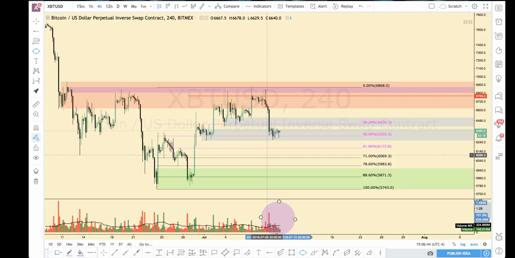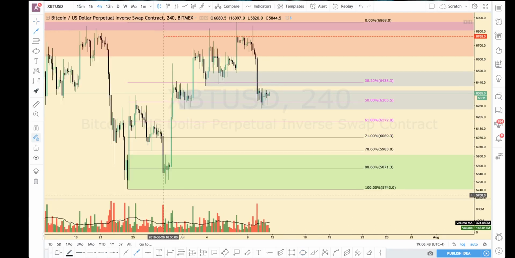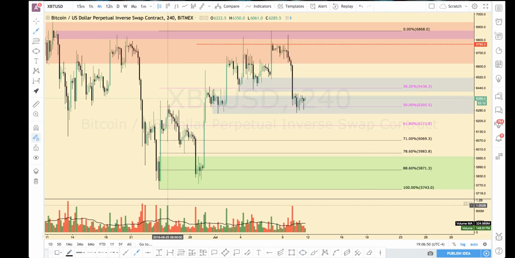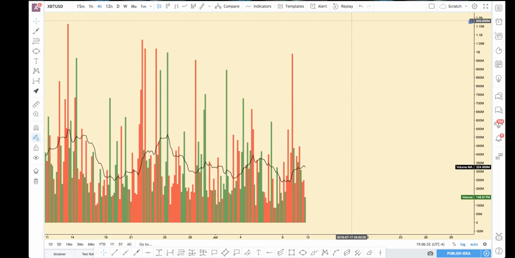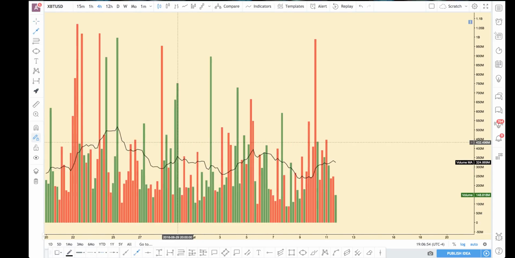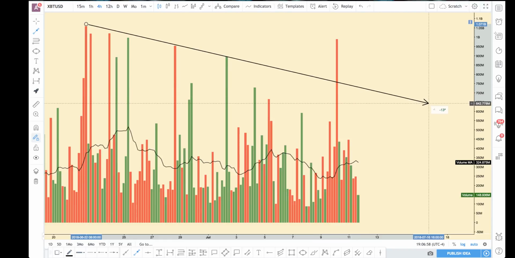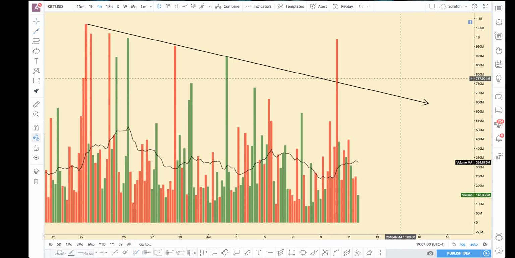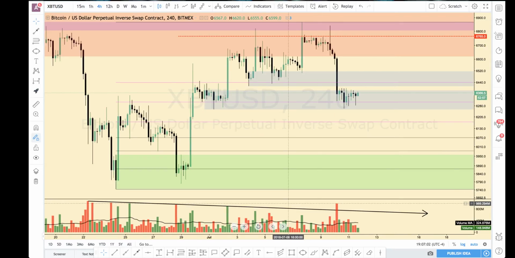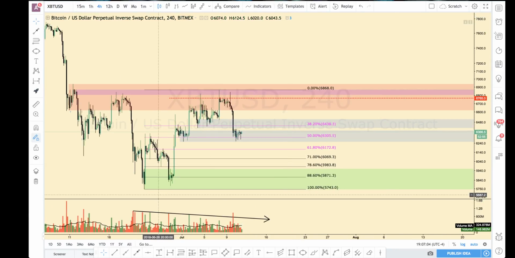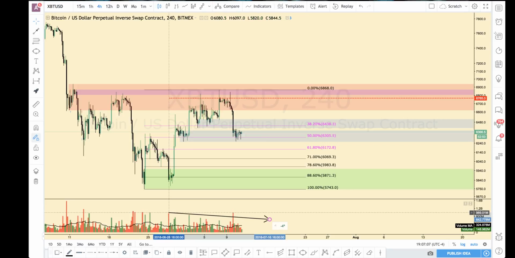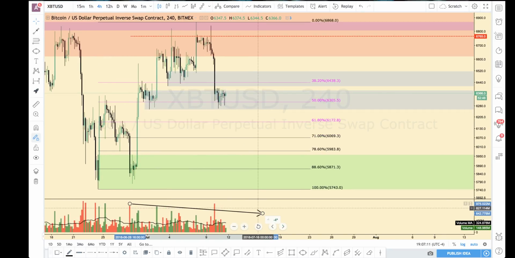The reason why I don't think that will be the case is because, let me zoom in so I can see what's going on. We were increasing on decreasing price.